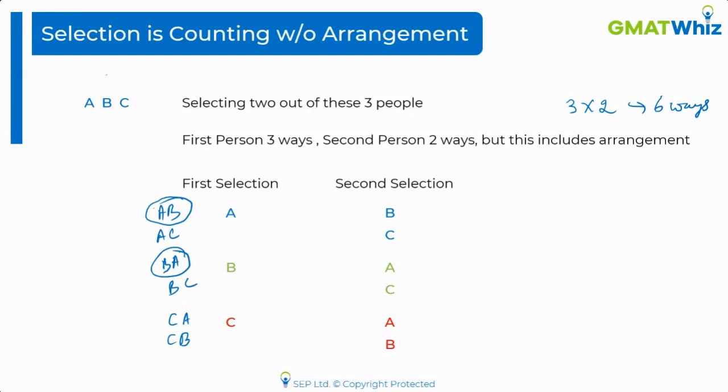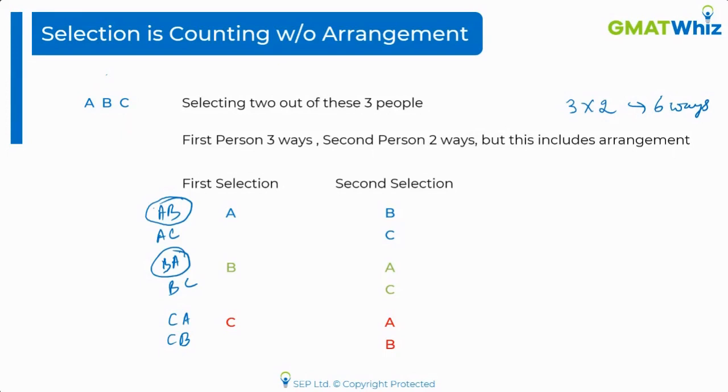At the end, I'm selecting people. So do you think we should consider them twice? Quick yes or no, guys. Do you think we should consider A and B twice? Say yes if you feel they should be considered twice, just like the case we have done here.